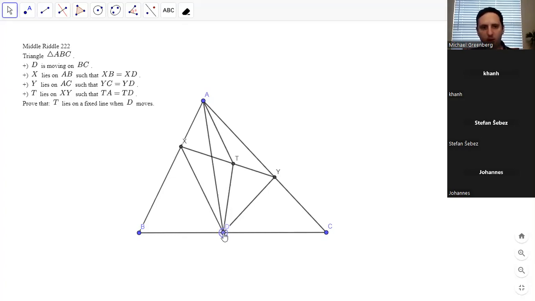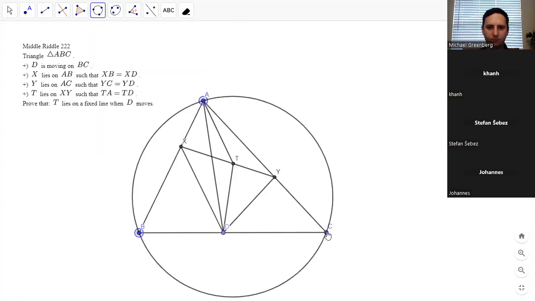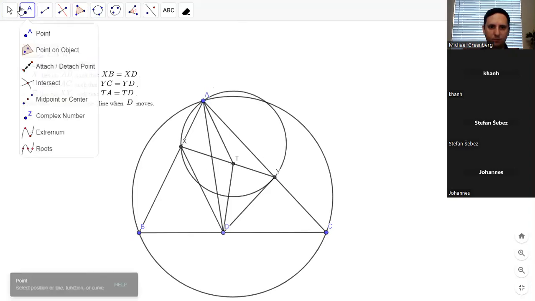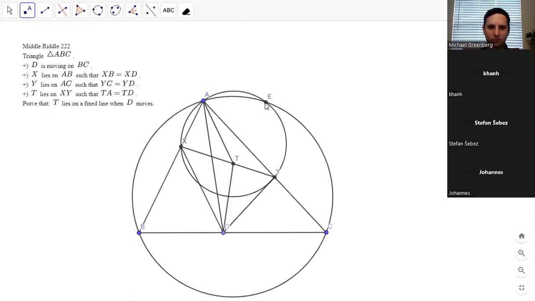I will immediately say a couple things I know about this configuration. Intersect the circle ABC with the circle AXY. Then that intersection point is the reflection of D in XY.